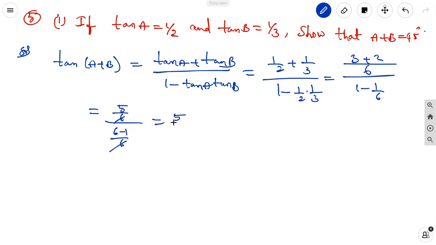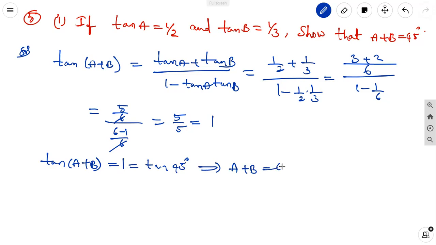It is equal to 5 by 5, which is 1. So tan of A plus B is equal to 1. We know that tan 45 degrees is equal to 1. Both sides are tan functions, so we can compare the angles. So A plus B equals 45 degrees. It is the solution.